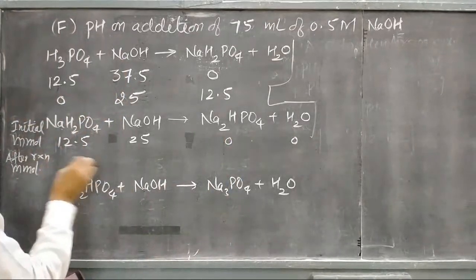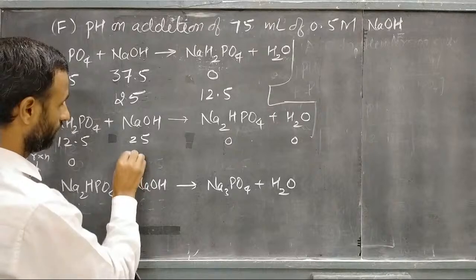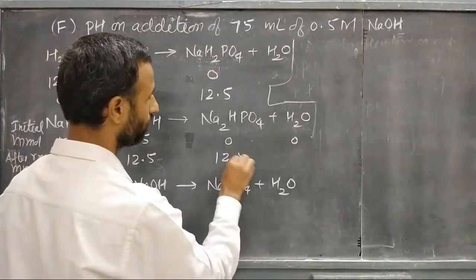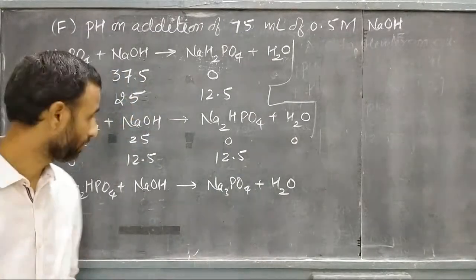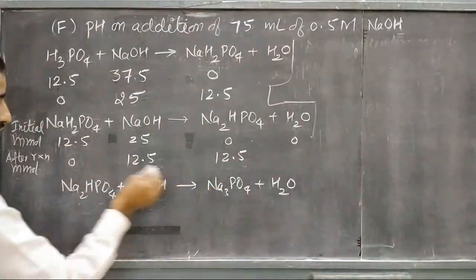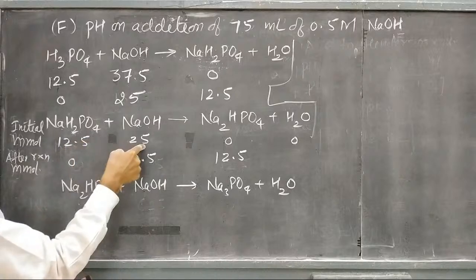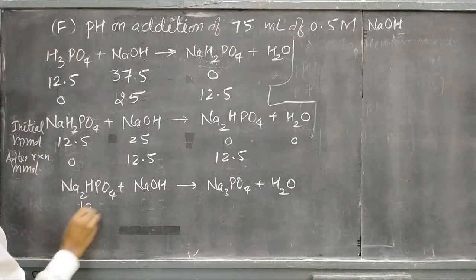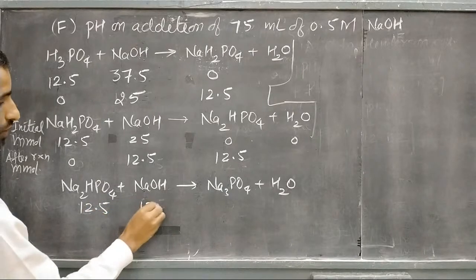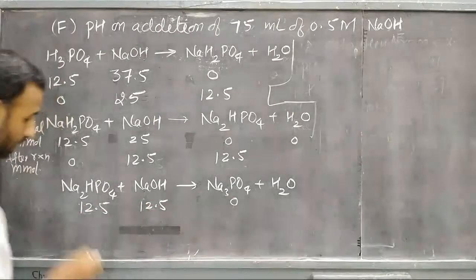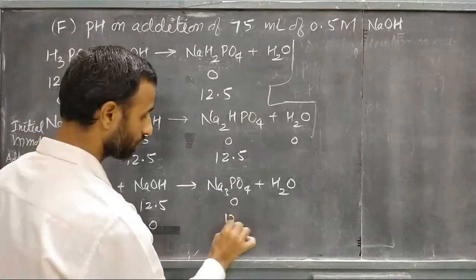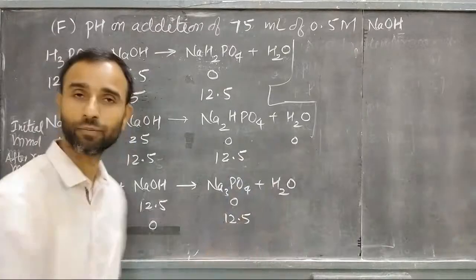So after the reaction it is again 0, it is 12.5, and it is also 12.5. Now because 12.5 is neutralized, it is left 12.5, 12.5. So again 12.5, 12.5, 0, and after the reaction 0, 0, and it is 12.5, right?